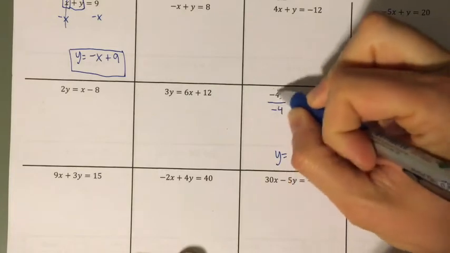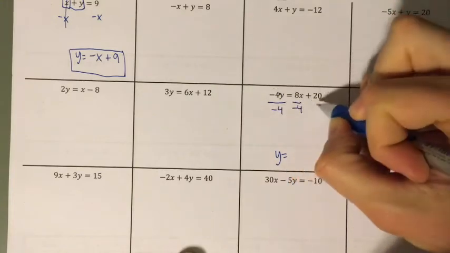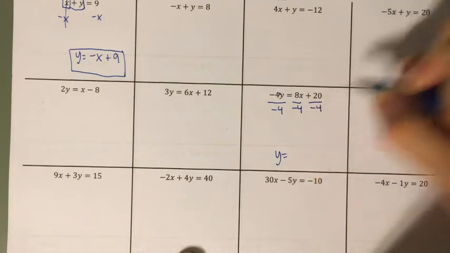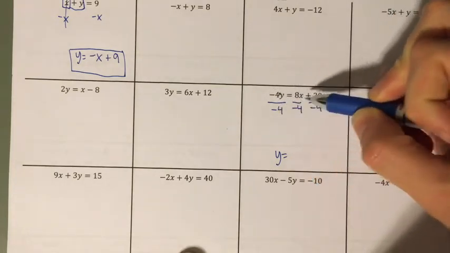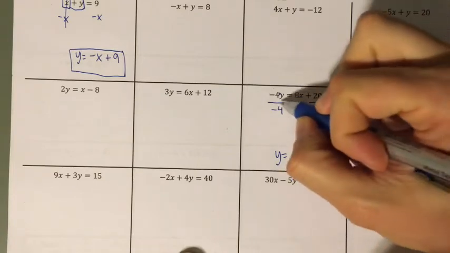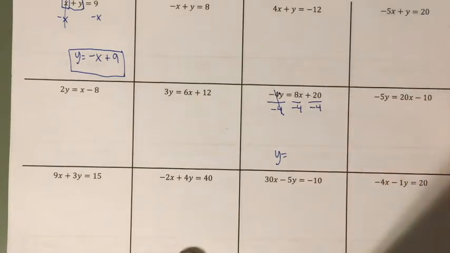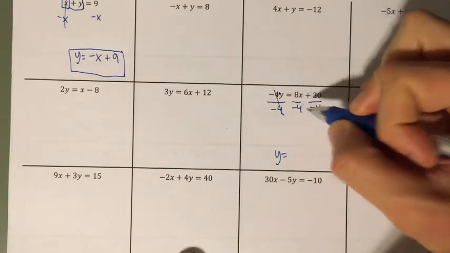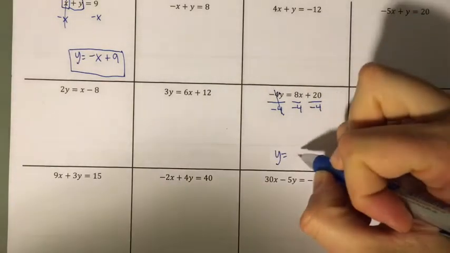Anything I do to one of the terms, if it's multiplying or dividing, I can do that to all the other terms in the equation. So you'll notice because that's negative 4, I'm dividing by negative 4, dividing by negative 4, dividing by negative 4. Now, you could put some version of this in the calculator and that would be fine if you were graphing, but I'm just going to go ahead and divide 8 divided by negative 4 so that it looks a little nicer.